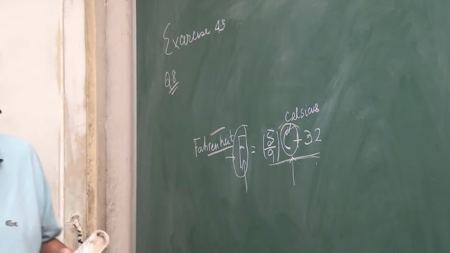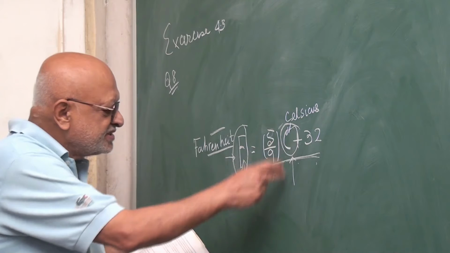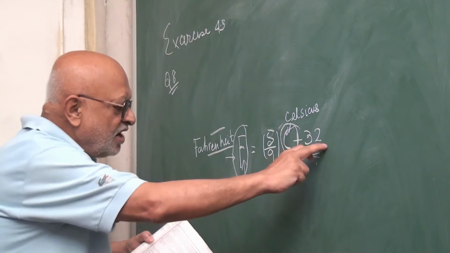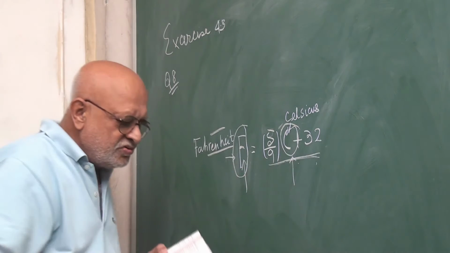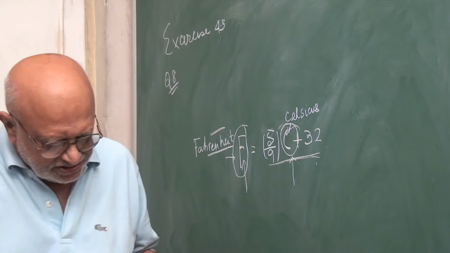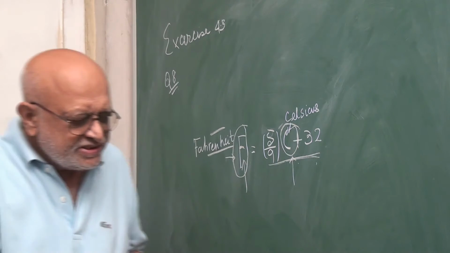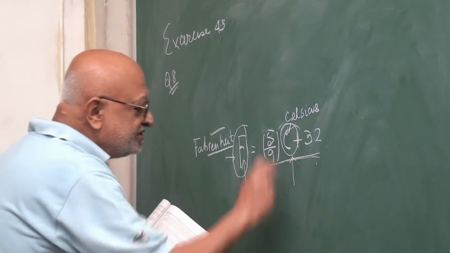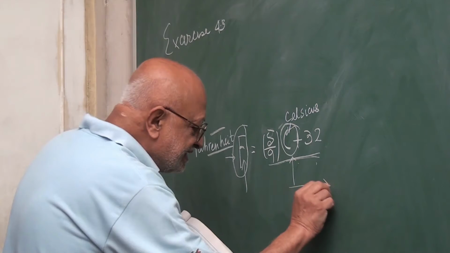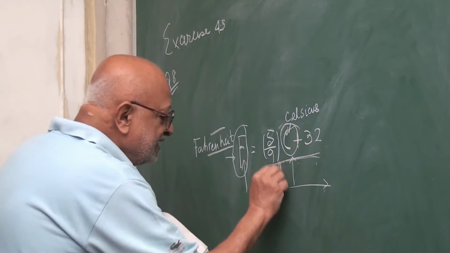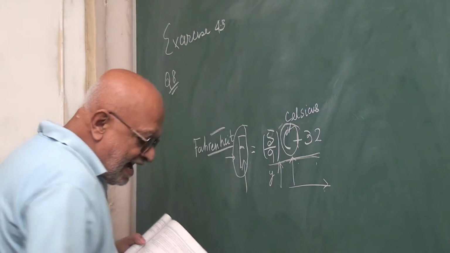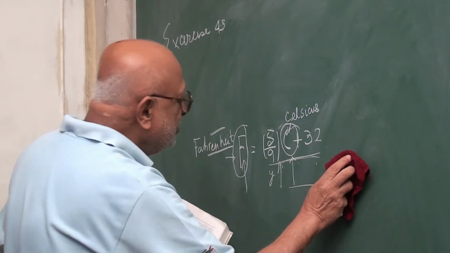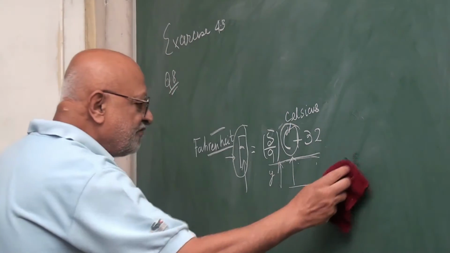Some people were using the Celsius scale, some Fahrenheit, and they gave this conversion. How this conversion came, we are not going to discuss. So this sum says take Celsius on the x-axis and Fahrenheit on the y-axis and plot a graph. So we are going to plot that graph here.